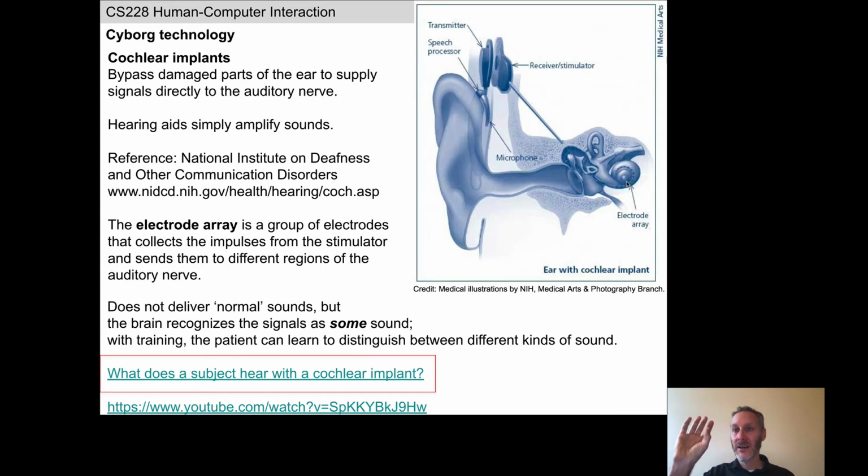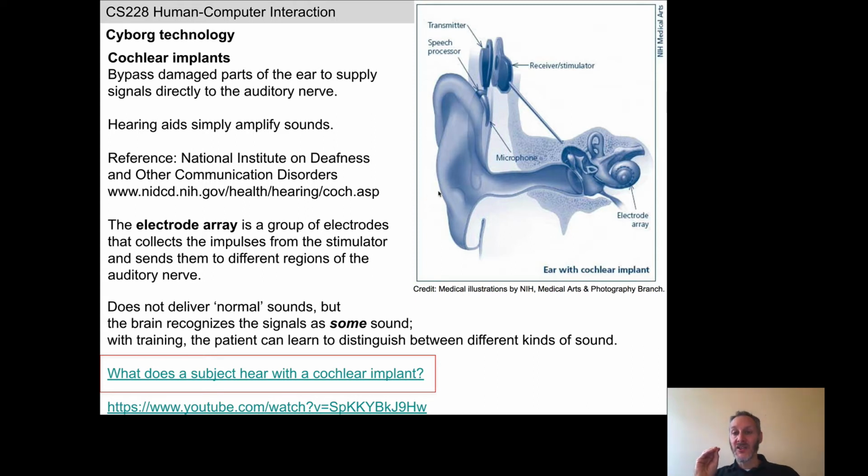Those cilia that are detecting that vibration send electrical impulses to the auditory nerve, which is received by the brain and interpreted as speech or sound. Here, we are still stimulating different subsets of cilia, but they are being stimulated by the electrode array instead of pressure waves arriving at the eardrum.